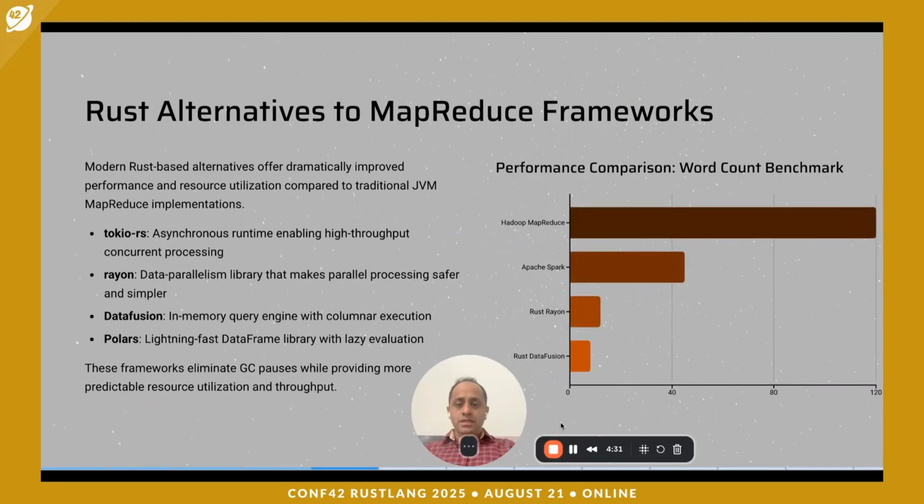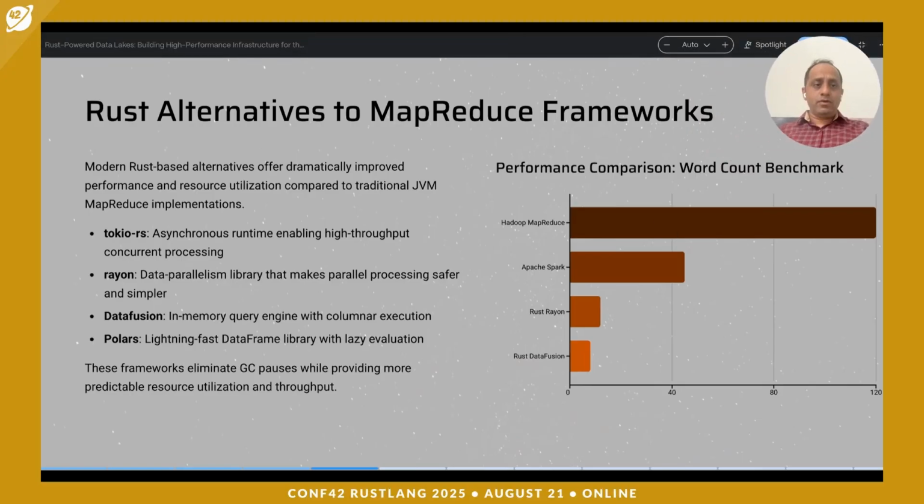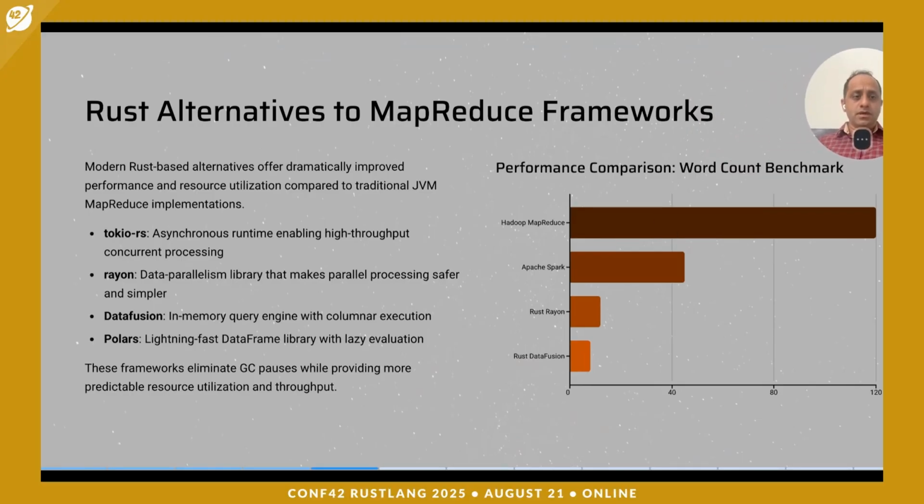How has Rust created an alternative to MapReduce frameworks? This chart shows the performance comparison of word count, which is one of the popular benchmarks in the big data, large-scale data processing world. As you can see, the latest DataFusion, which is based on Rust, has finished the word count on the large-scale data in 8 seconds.